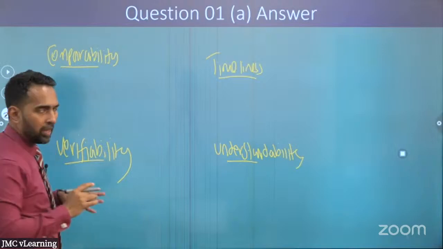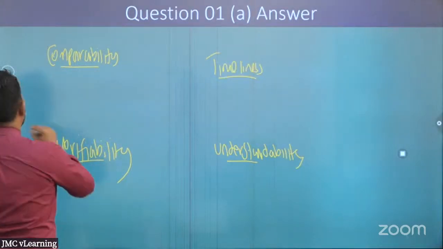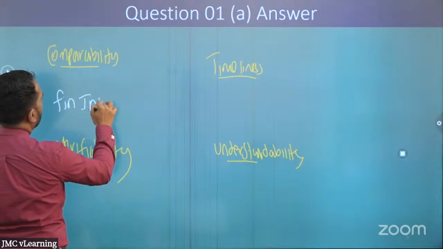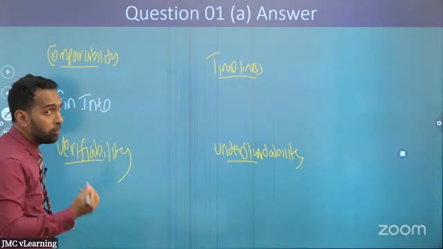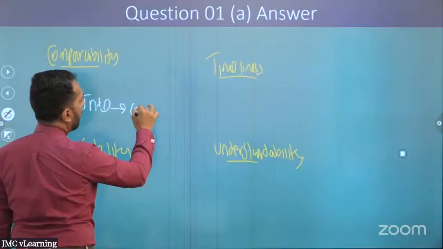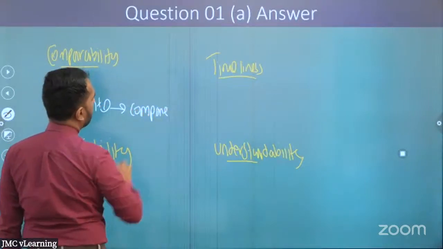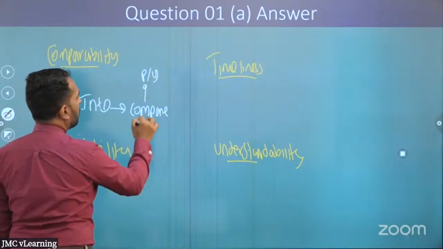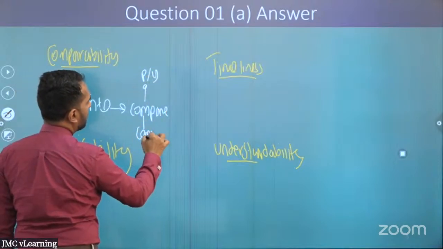First of all, comparability. What they say is that when it comes to financial information, it should be comparable. You should be able to compare. You might be comparing it with the previous year, or with a competitor.